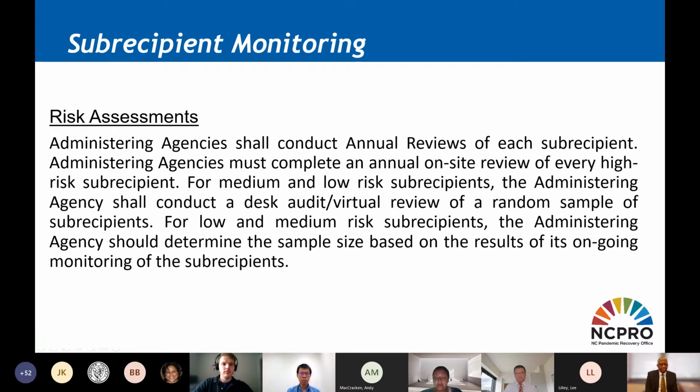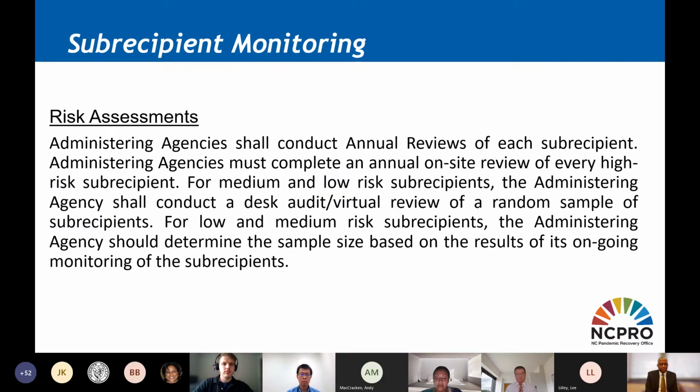So, risk assessments. With these risk assessments, we as administering agencies shall conduct annual reviews of each subrecipient.